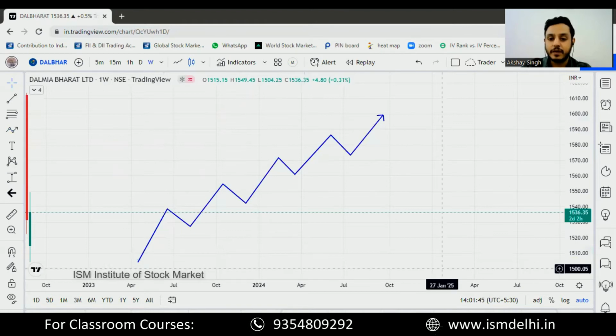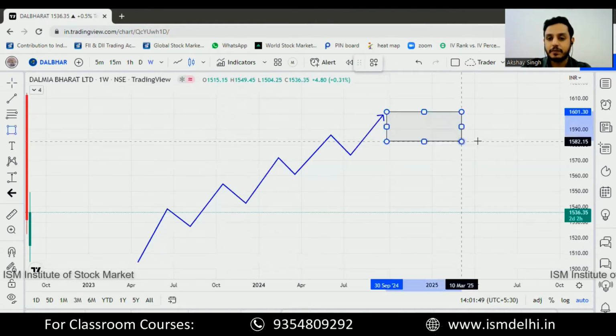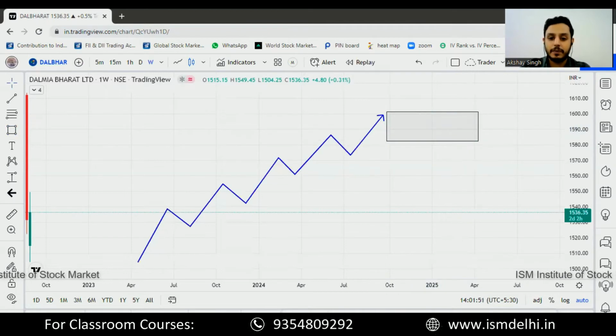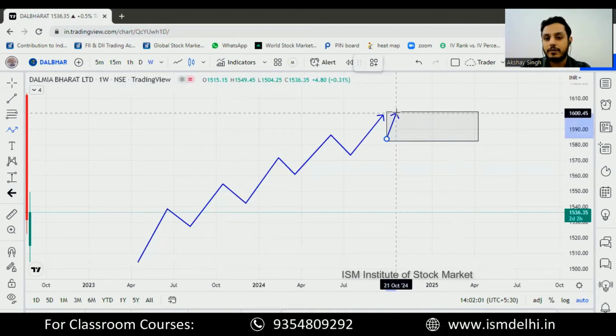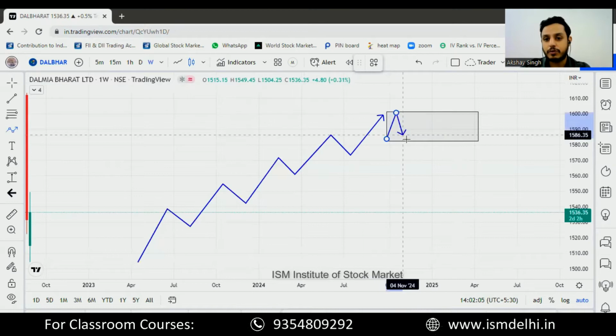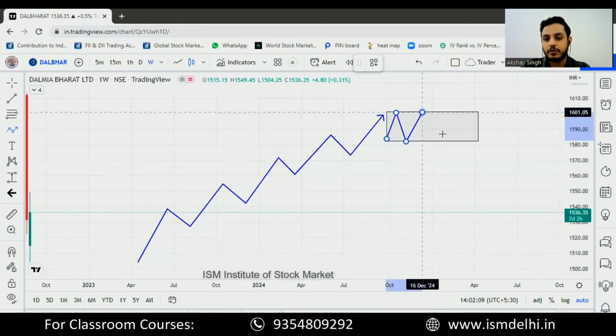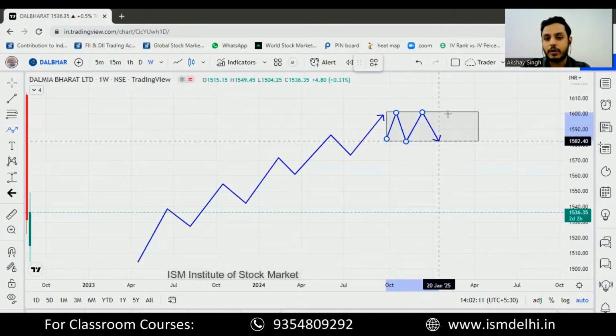Then we have to spot a consolidation. So simple: a good uptrend, higher highs, higher lows, and a simple consolidation. What a consolidation is: price moves up to a particular price point, sellers push it back, then buyers pick it up, sellers push it back, and so on and so forth.